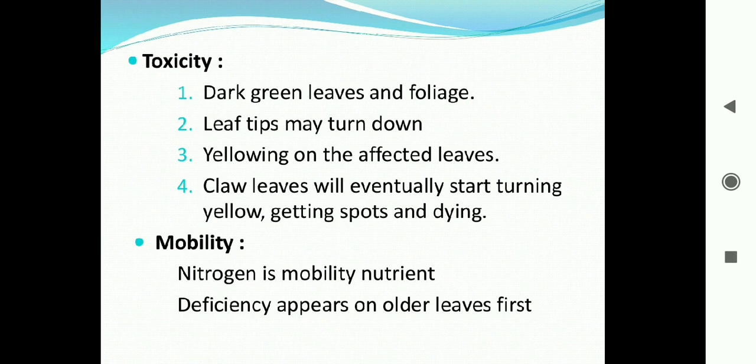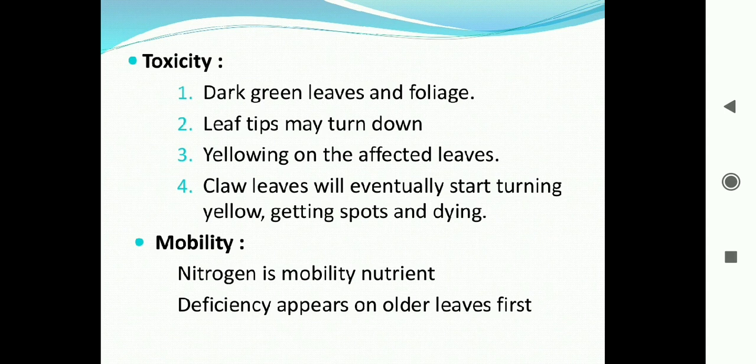The toxicity of nitrogen leads to dark green leaves and foliage. Then leaf tips may turn down, then yellowing on the affected leaves. Then the leaves will eventually start turning yellow, getting spots and drying afterwards. So these are the toxicity symptoms of nitrogen.